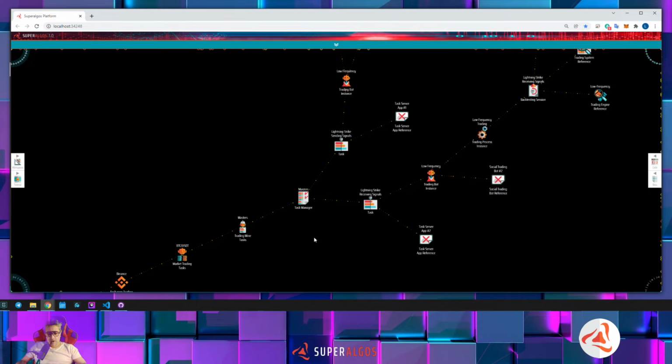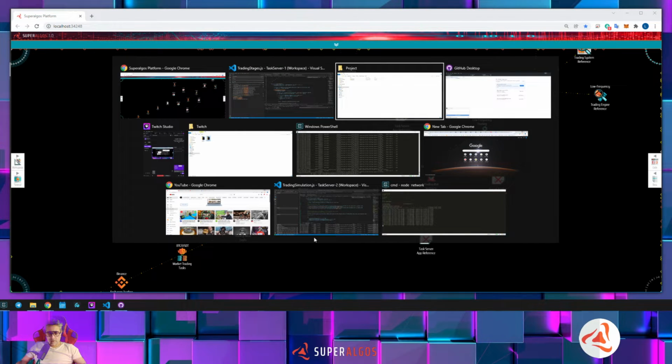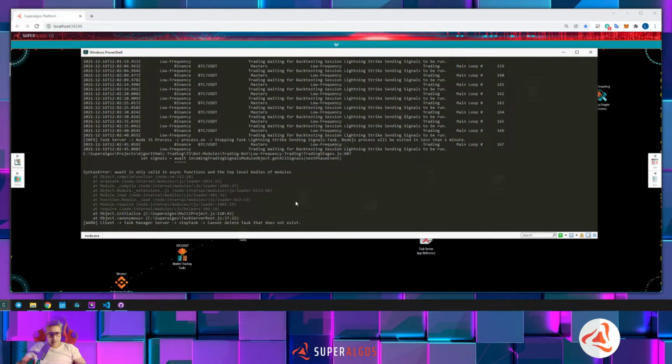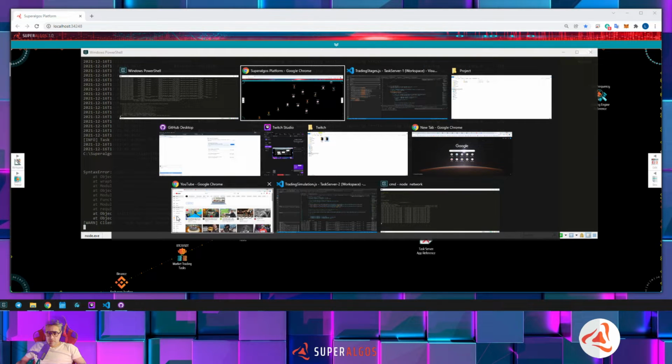I don't really know why. Oh, okay. Await is only valid in async functions, which is right. So we added a few awaits at places that are not really async functions.